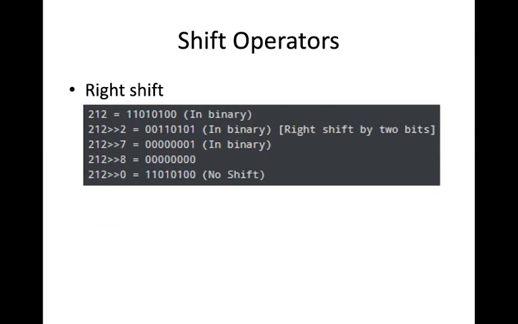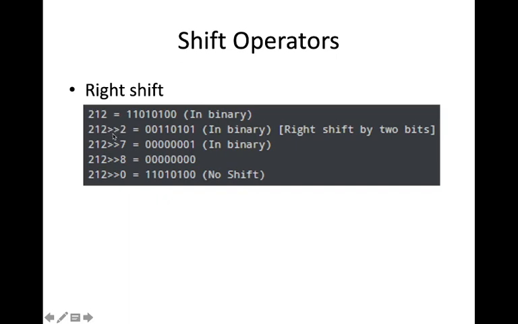Then we have other bitwise operators, which we call shift operators. We have the right shift operator. So we'll see what this right shift operator is. 212 is a decimal number. The binary equivalent of this number is 11010100. Now this is the shift operator.